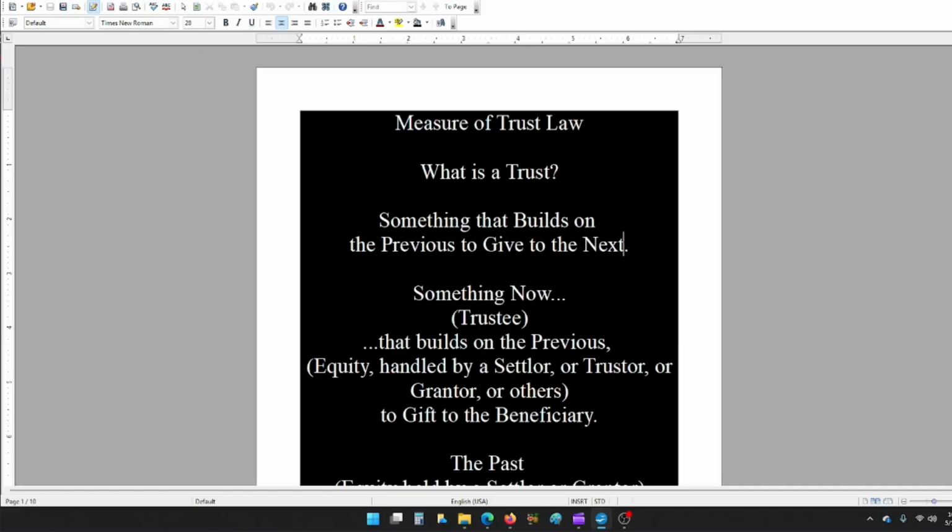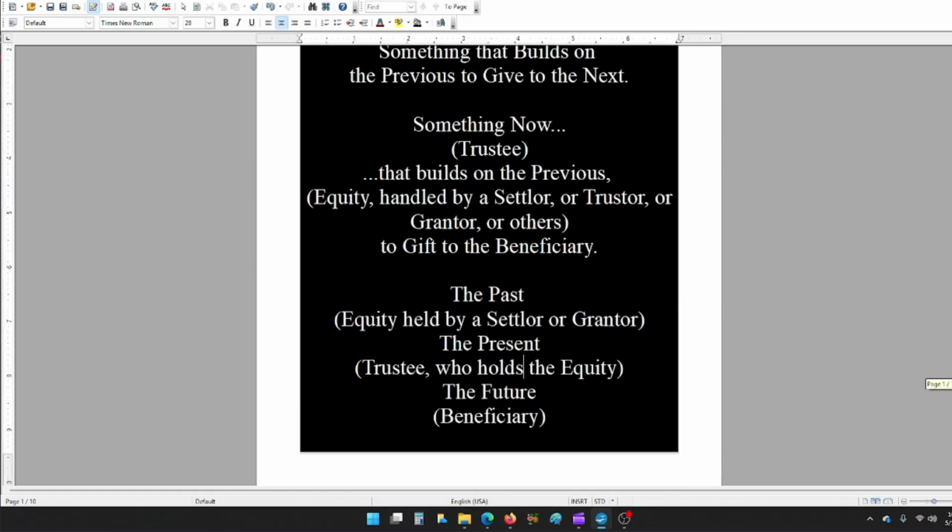The settlor was the previous. The trustee is the now. And now it says to gift to the beneficiary. Down here, we have the past, which is the equity held by the settlor or grantor. That's up here. That's the previous, the equity handled by the settlor, trustor, or grantor, or others.